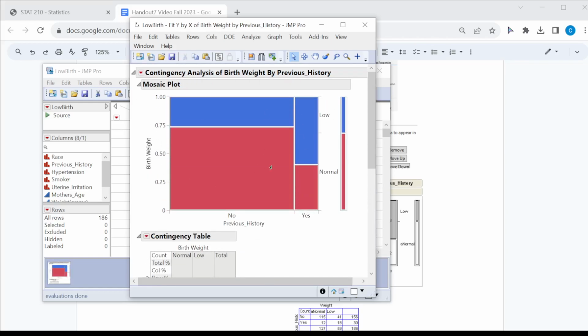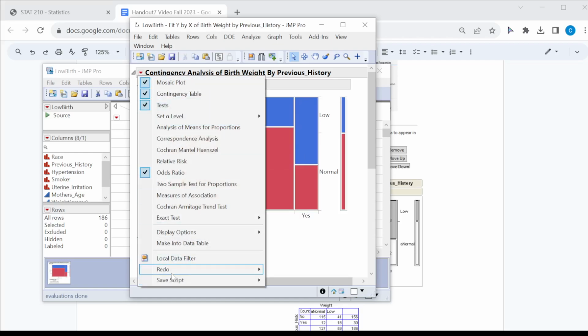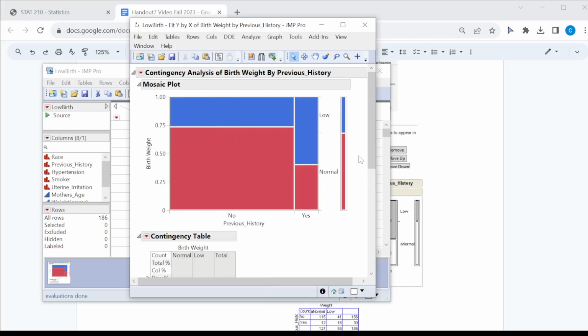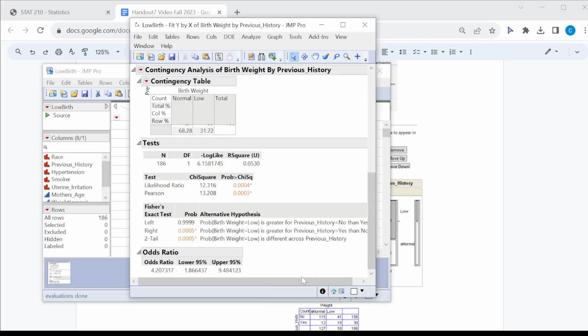So I just had to recreate that graph to make those odds flip. I could have also said redo, I think it's redo analysis, and that would have updated things as well. So again, it's not quite as convenient as selecting what you want in the numerator and denominator when you're doing the odds ratio. You have to go back and flip the order.